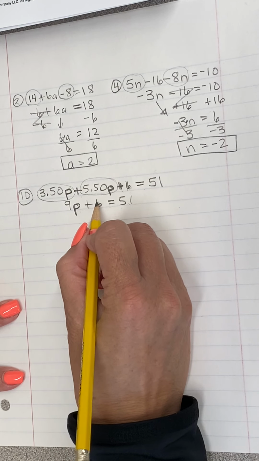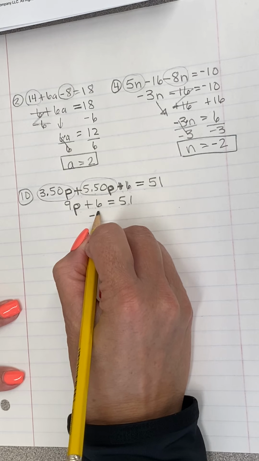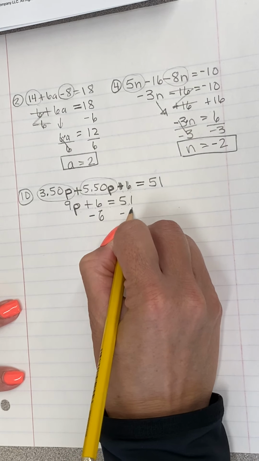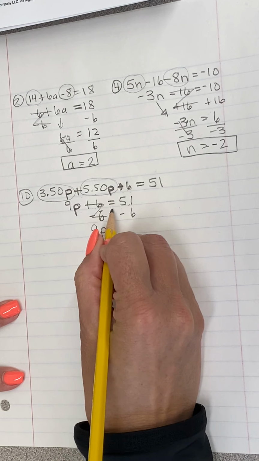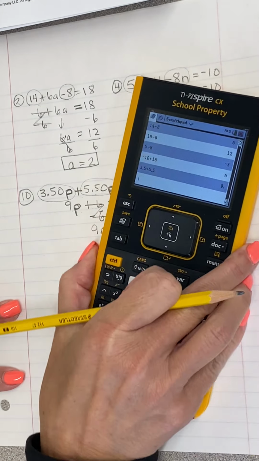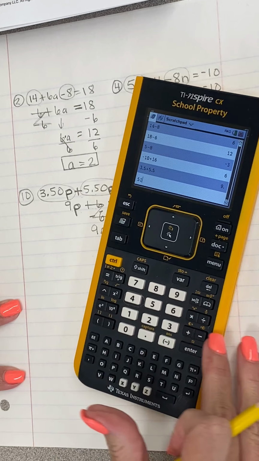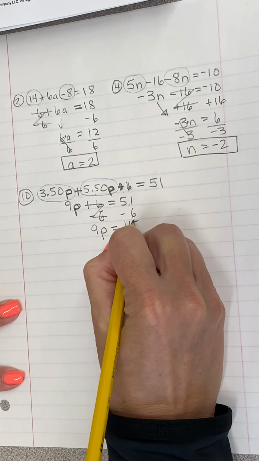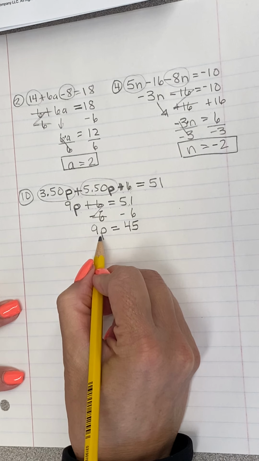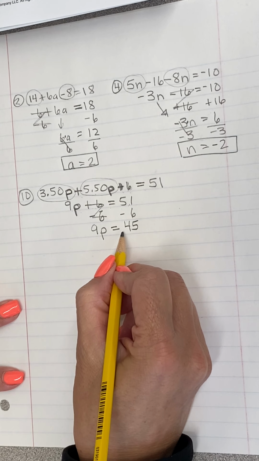In order to zero out this 6, the opposite of addition is subtraction. So I'm going to subtract 6. This zeroes out. I bring down the 9p that's left on this side, bring down the equal sign, and 51 minus 6 is 45. So now I have 9p equals 45.